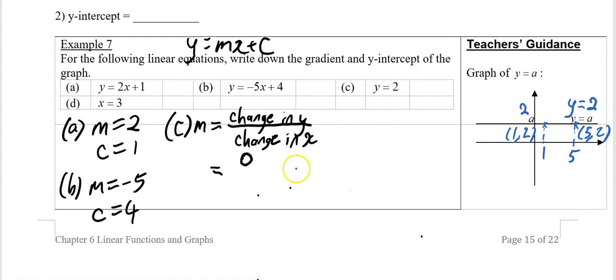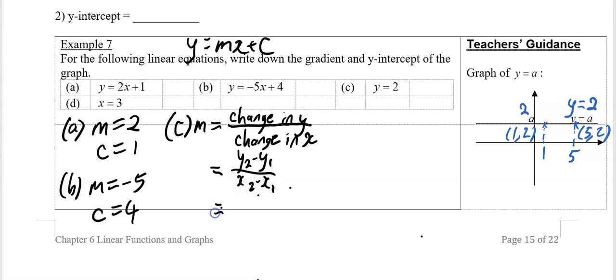So when I look at this, my change in y, I'm going to apply according to our formula: y2 minus y1 over x2 minus x1.